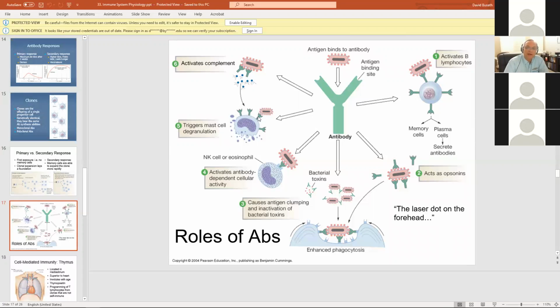They can trigger mast cell degranulation, releasing histamine to attract more white cells to the neighborhood and relax blood vessels so that more blood comes to the neighborhood, relaxing the arterioles, smooth muscle relaxation. And they can also activate complement and the complement cascade.